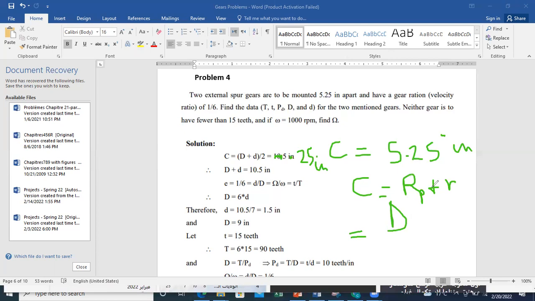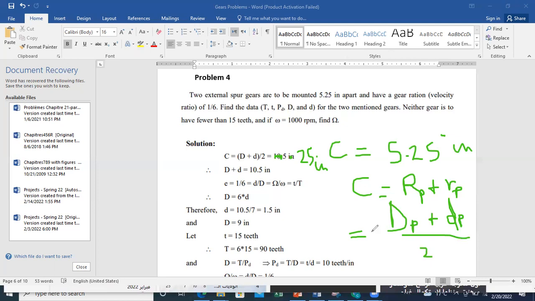So we have RP of the gear plus RP of the pinion, equals D of the pitch circle plus D, the diameter of the pitch circle of the pinion, over 2.